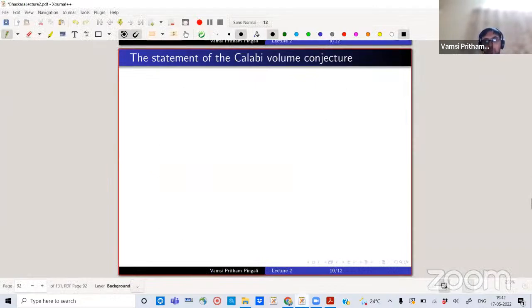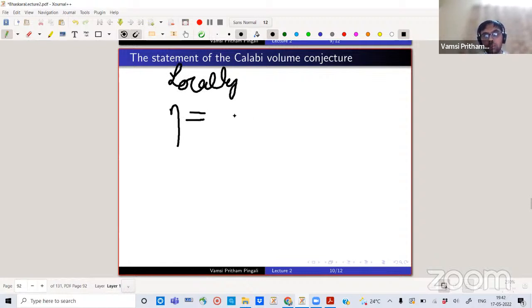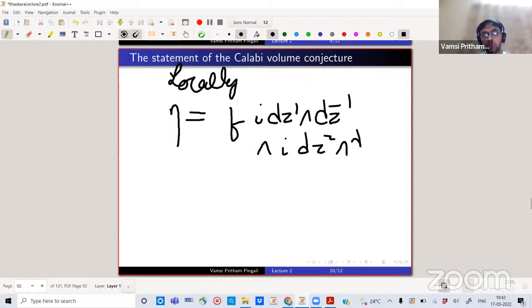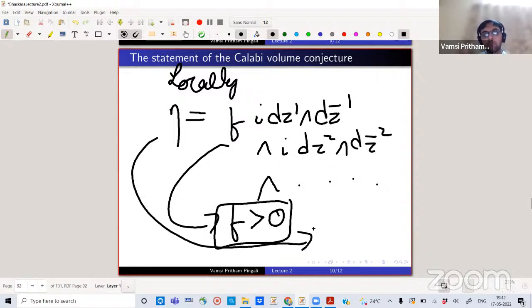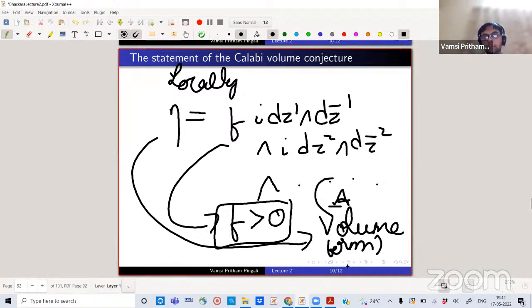So eta is locally some function f times dz1 wedge dz1 bar wedge dz2 wedge dz2 bar, etc., where f is strictly positive. So eta is a volume form, a positive top form.